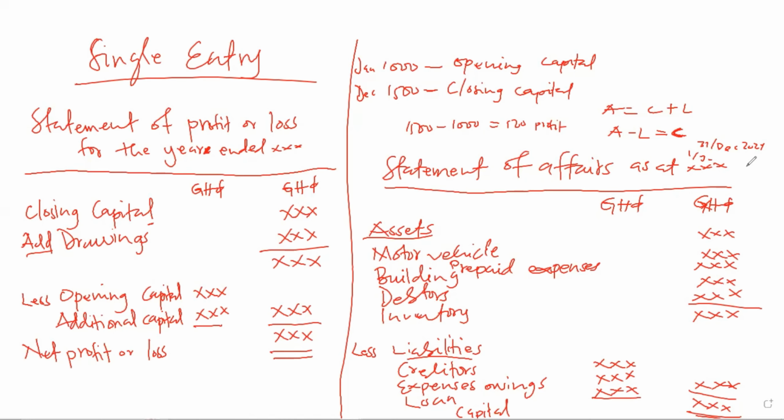Then you find the difference, and that difference will be your closing capital. So when you get your closing capital and your opening capital, then you move to the format. Then you use that format to get your net profit. That is all.